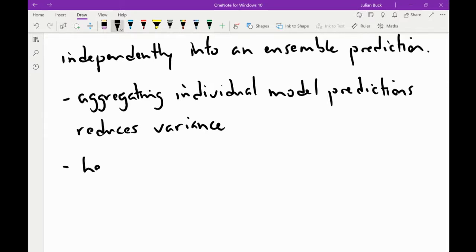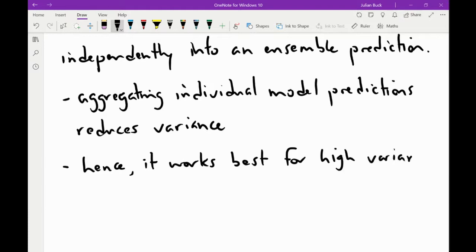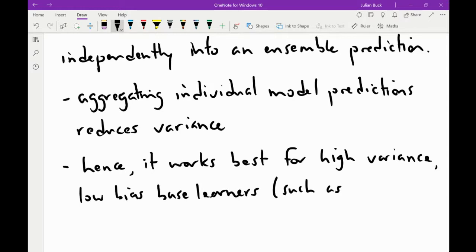So hence, it works best, as we've discussed, for high variance, low bias base learners, such as deep, which will then tend to be overfit, decision trees.